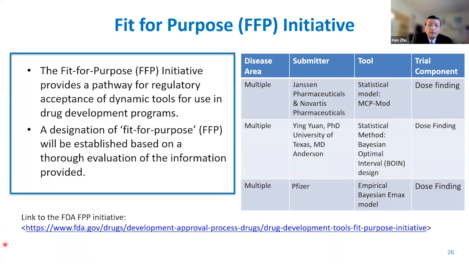All these tools can be useful for oncology new drug development, and hence be applied to support Project Optimus. And we hope to review more innovative modeling tools from the community to modernize dose selection and other aspects in new drug development for oncology and other disease areas. And next one, please.